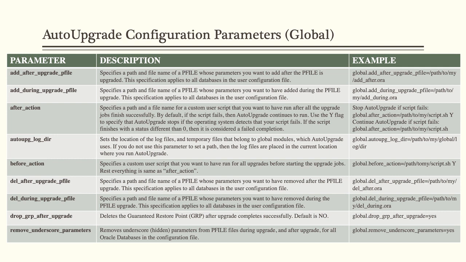In the deploy part, just prior to the start of the upgrade, it creates a guaranteed restore point, and then it runs through the upgrade process. If something goes wrong during the upgrade, then auto upgrade will restore your source database intact till the GRP point. So it will automatically take your database exactly back to the guaranteed restore point.